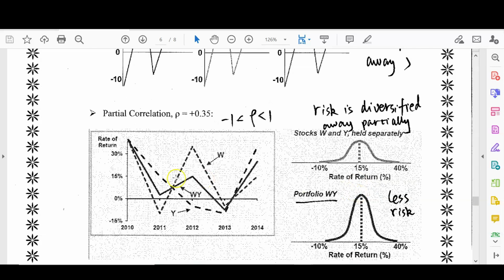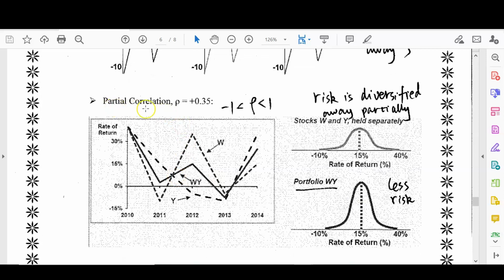A middle case is partial correlation, when rho is between -1 and 1. For example, typically in the market any two stocks are correlated at a rho of 0.35. So when W moves, Y moves a little bit similarly, but differently. So the portfolio WY does have less risk.